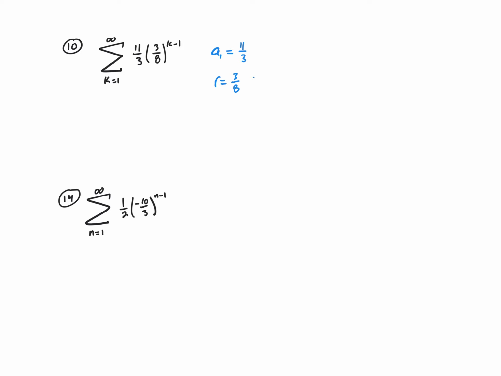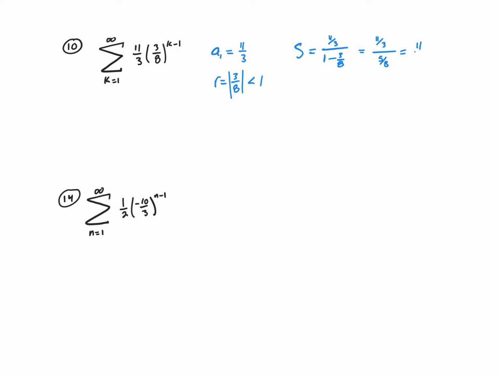Since 3/8 is less than 1, or the absolute value of that is less than 1, we can go ahead and set out trying to find the sum. The sum is going to equal a sub 1, which is 11 over 3, over 1 minus 3/8. That's just going to be 11 over 3 over 5/8.